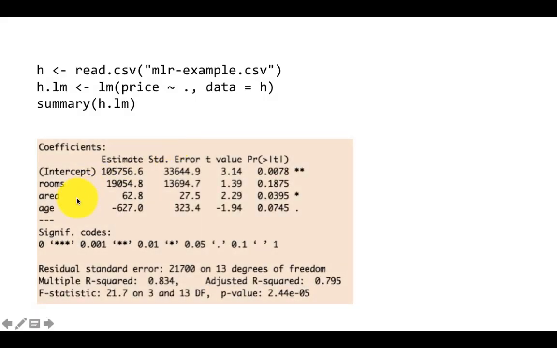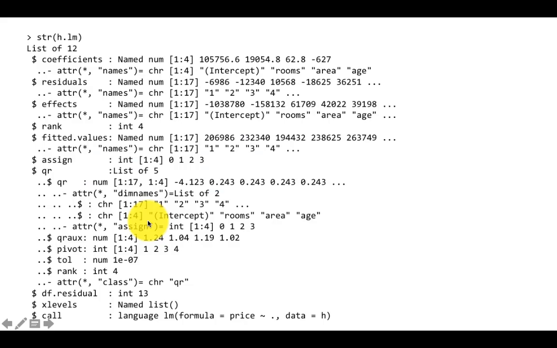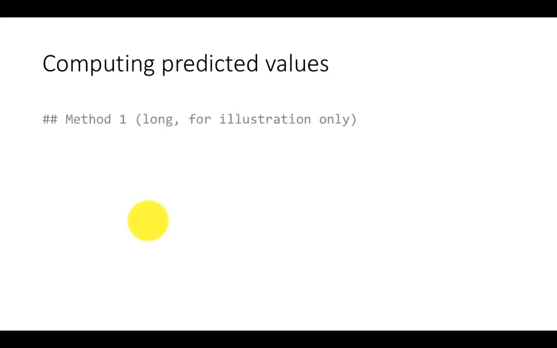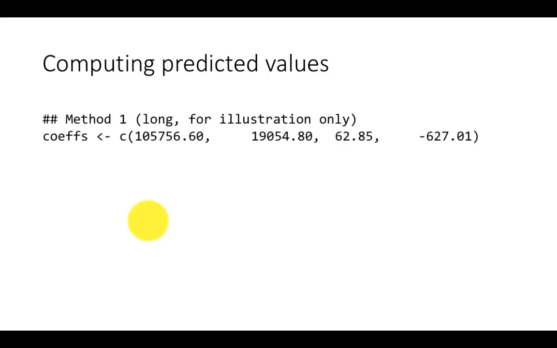Here are the regression coefficients: this is the intercept, and for rooms it's 190, and so on. We can use all the regression coefficients to calculate the predicted values. We could look at the output and create this vector of coefficients, or alternately, we can just use h.lm$coefficients.